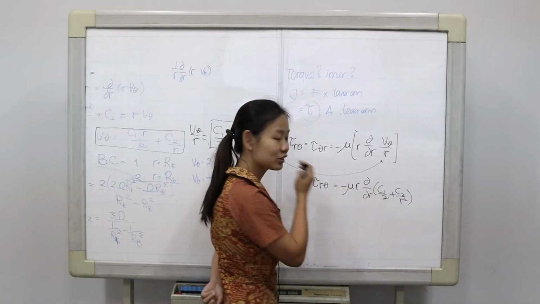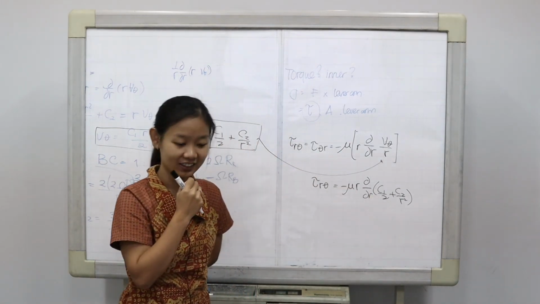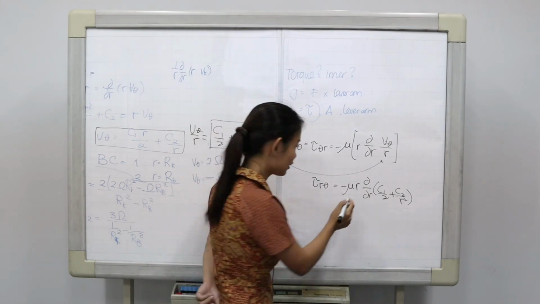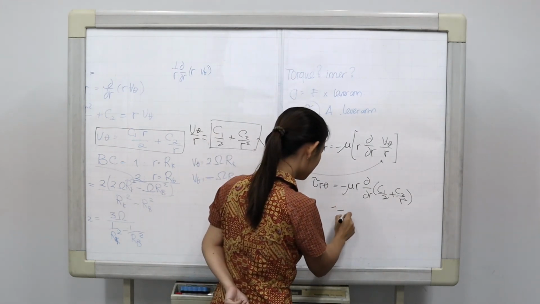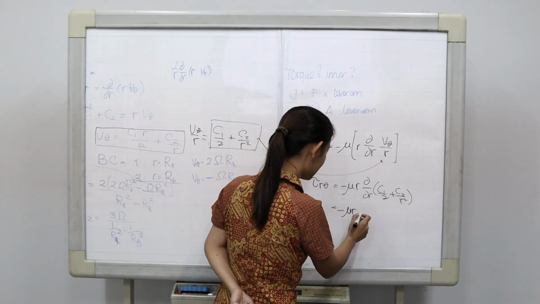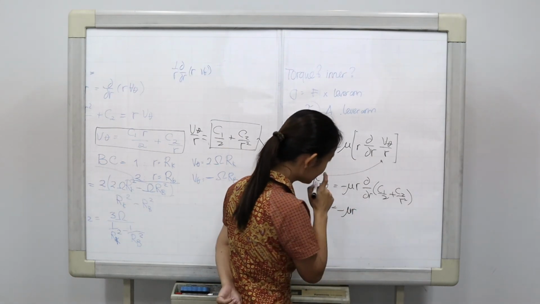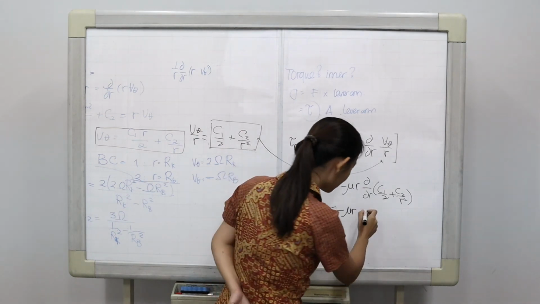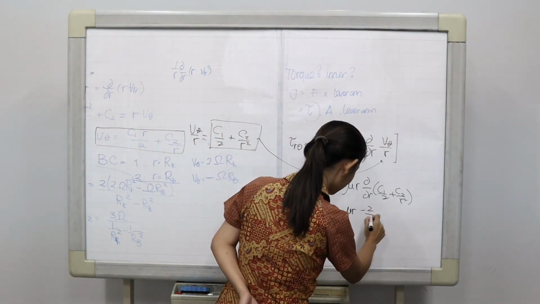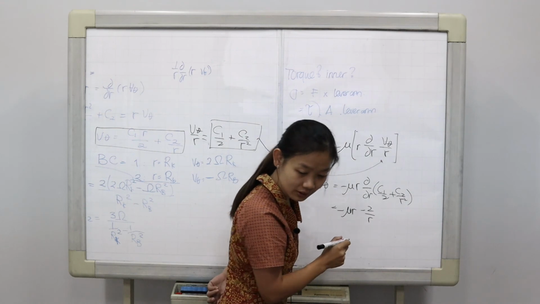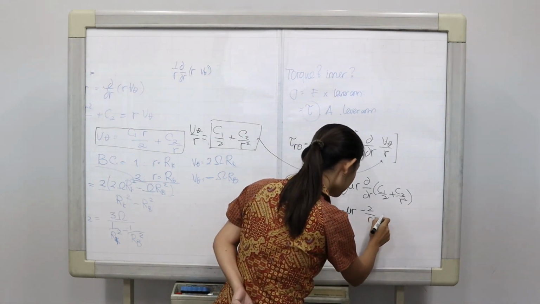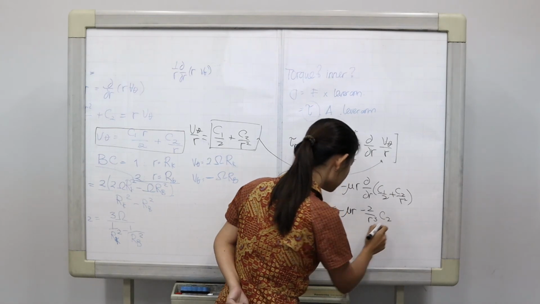Basically, C1 over 2, if you differentiate that, will be 0. So what you're going to have is minus mu r times the differentiation of this. Sorry, not integration, differentiation. Minus 2 over r cubed, C2.